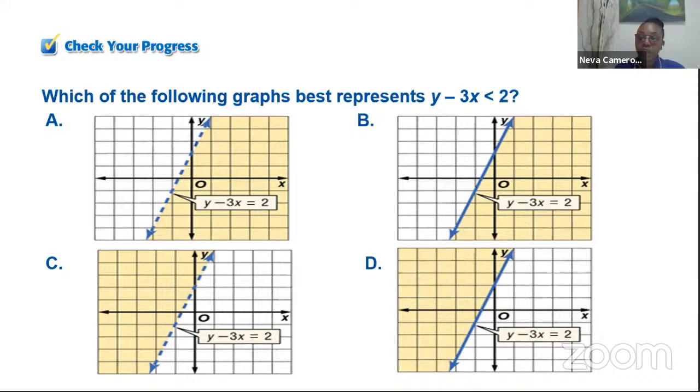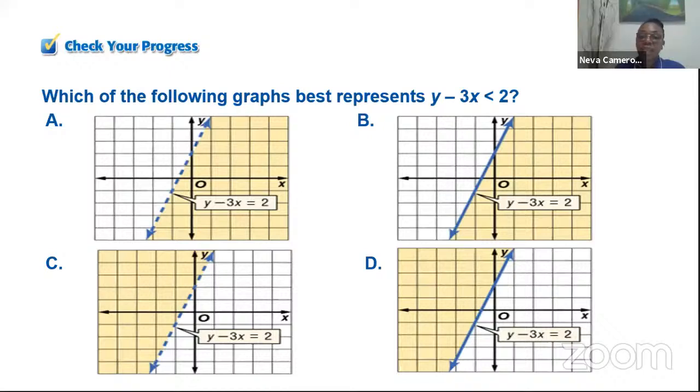Remember, we took you earlier through how, when we're graphing, the type of line we have, whether solid or broken or dotted. Yes, Miss, in the chat they're responding, it will definitely be a dotted line because it is less than and not less than or equal to.